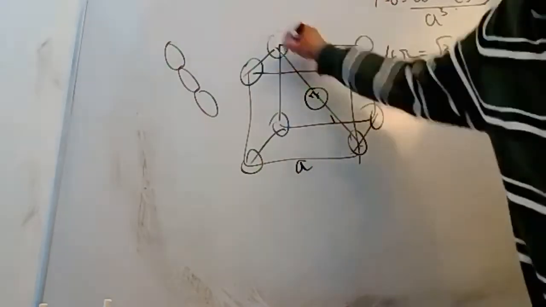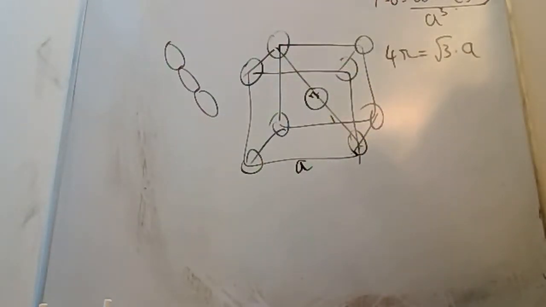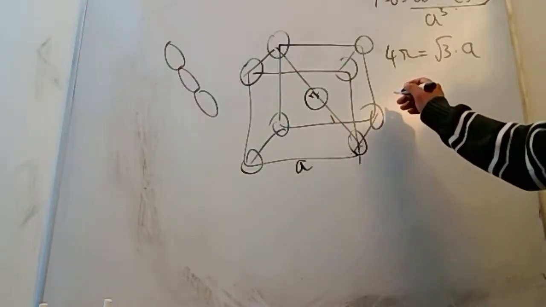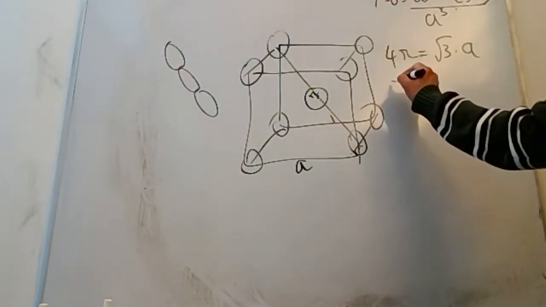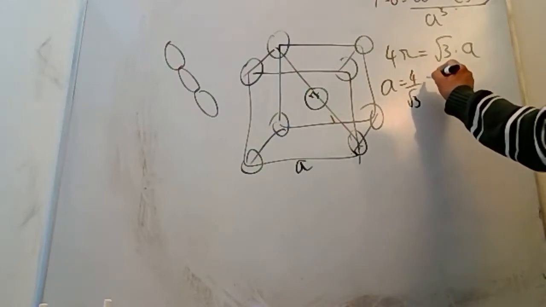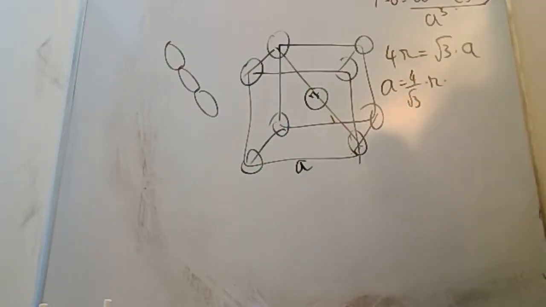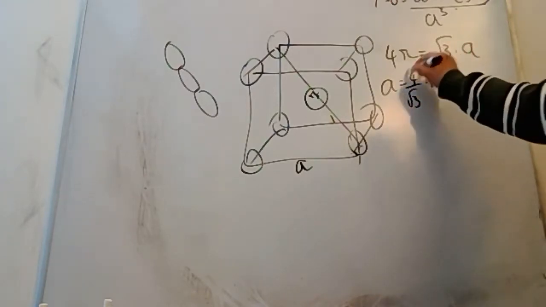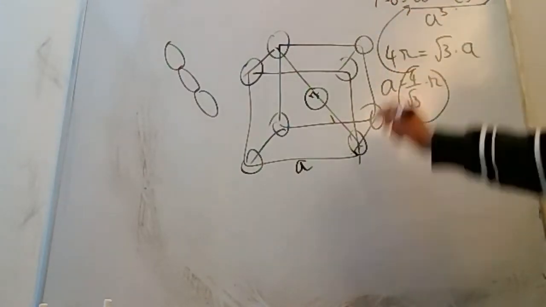That's the length of the body diagonal. Right, so A then equals 4r over square root 3. So now you take this and plug it in that equation.